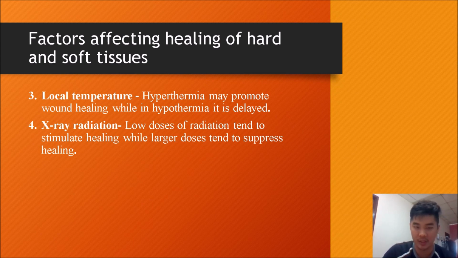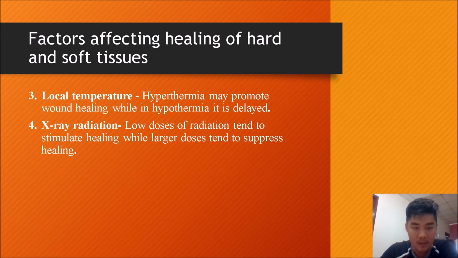That's why in desiccation, the healing is delayed. Same goes here. The cool tissue is going to undergo vasoconstriction, and there will be increased hemoglobin needs for oxygen. As a result, there will be less adequate oxygen for the type of white blood cell known as neutrophil to fight off infection. That's why in hypothermia, the wound healing is delayed.